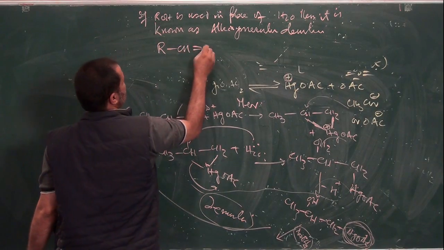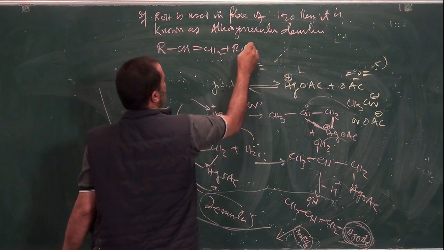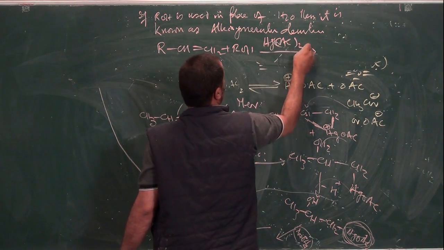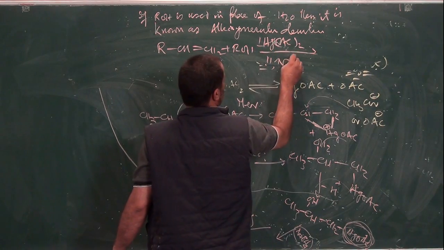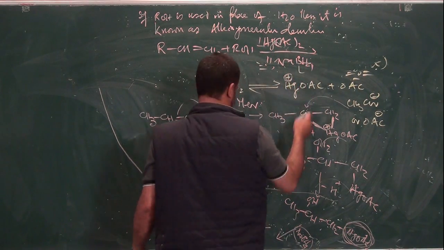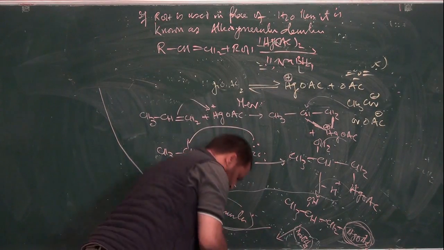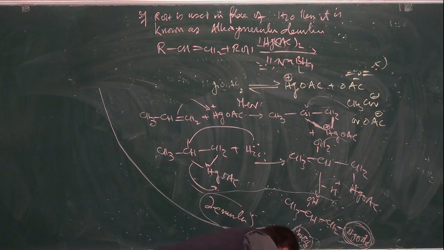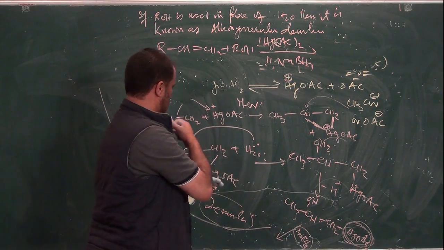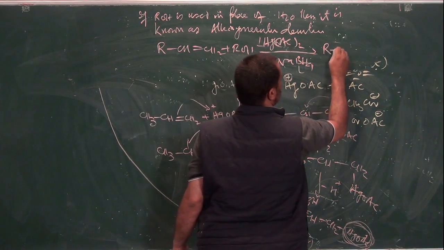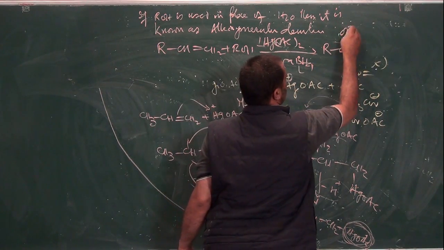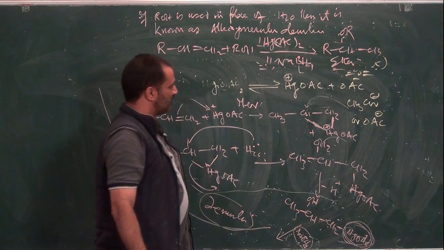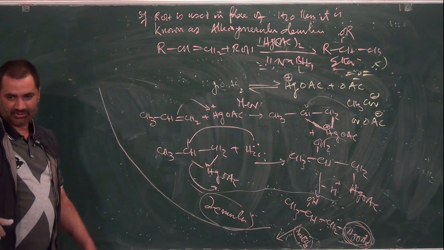Or CH double bond CH2 plus ROH, that is HgOAc twice, number 1, number 2, NaBH4. So again Markovnikov's rule, that is addition of ROH will take place. So it takes place as RCHOR and CH3. This is an ether. So ethers are formed. This is known as alkoxymercuration, demercuration.